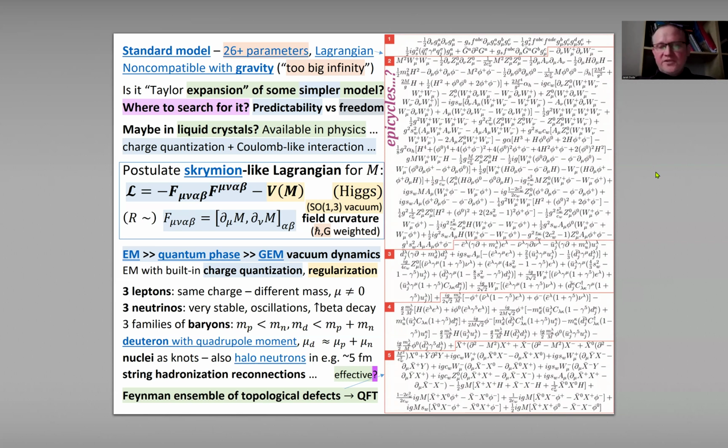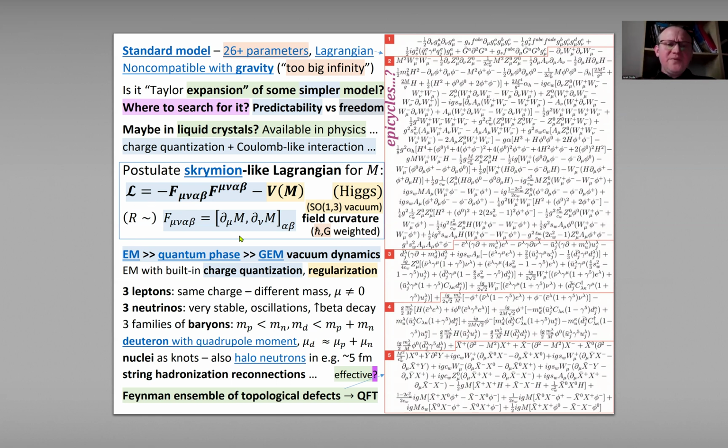This deeper model should be non-perturbative, electromagnetic-like, with charge quantization. To get this electromagnetic-like behavior with charge quantization, we should use a term with F being the curvature for charge quantization. In liquid crystals, you can get it, so experimentally it is also very close.